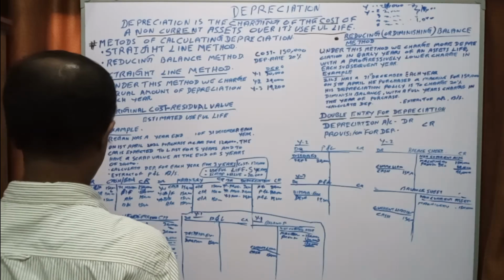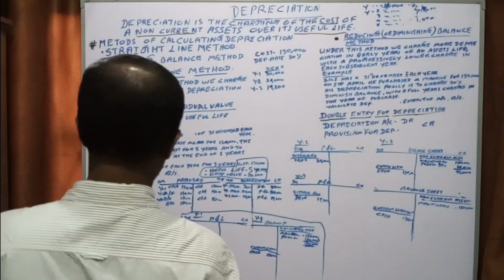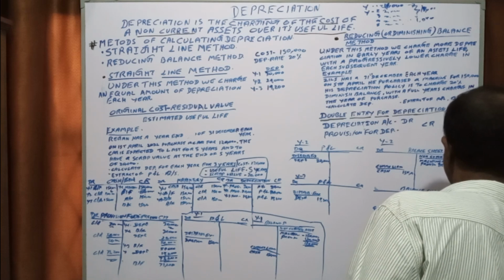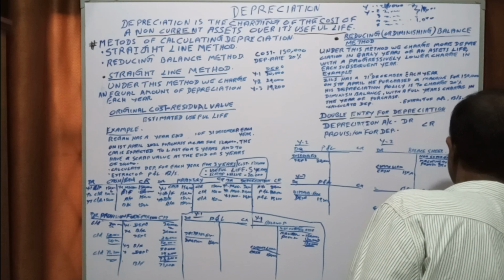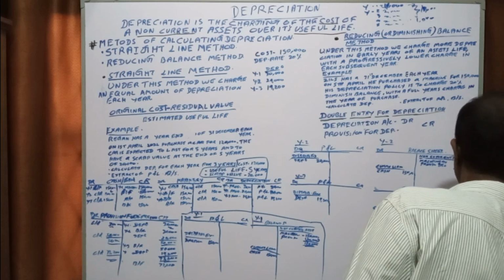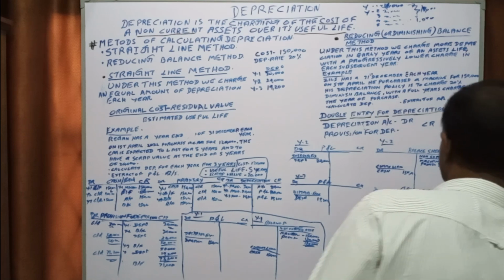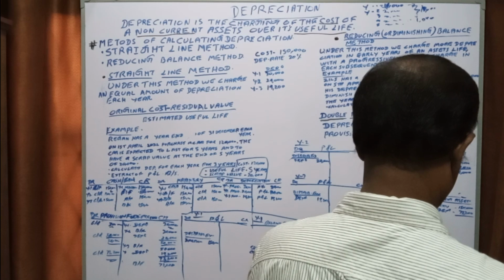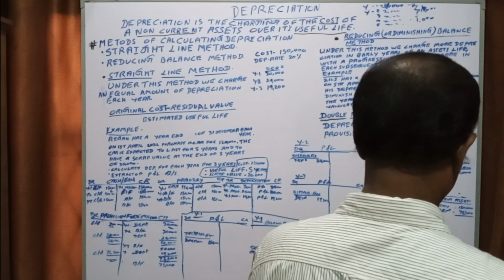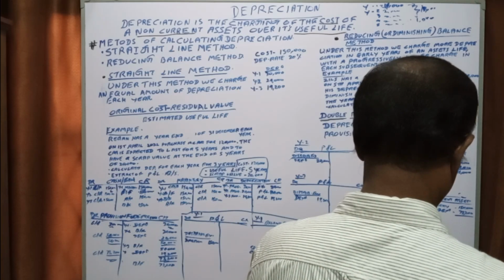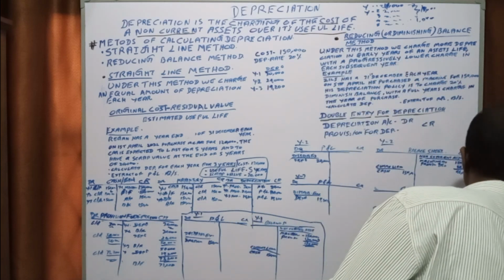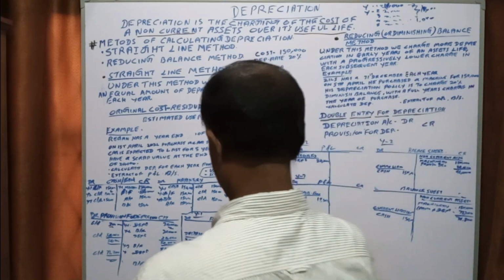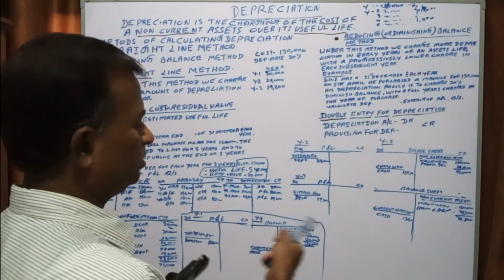And provision for depreciation 73,200. The balance is 76,800.